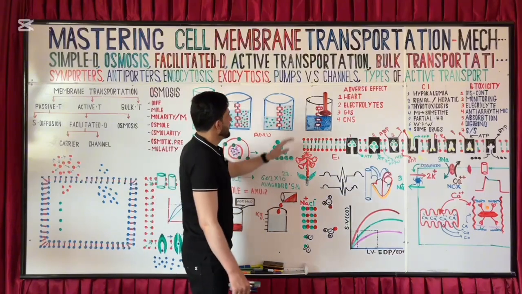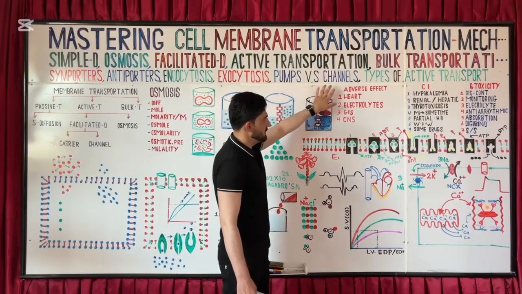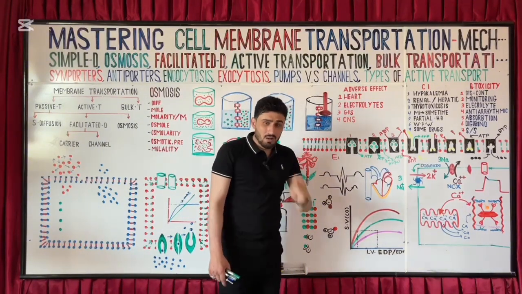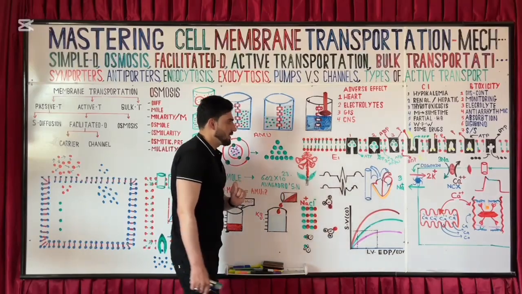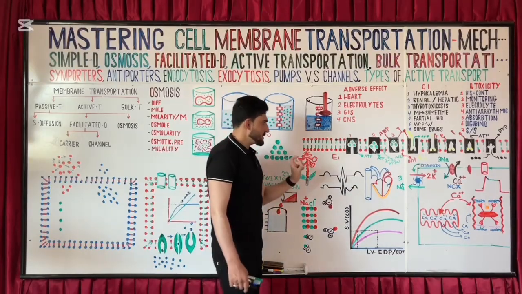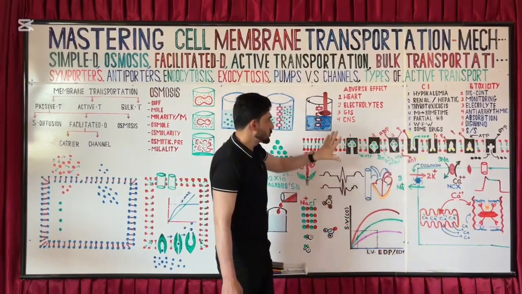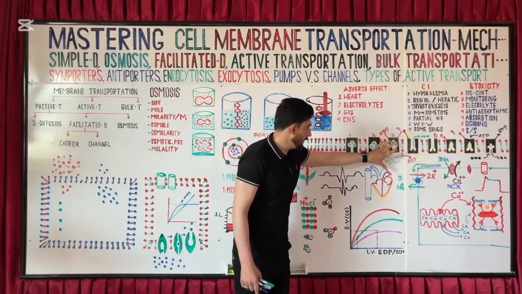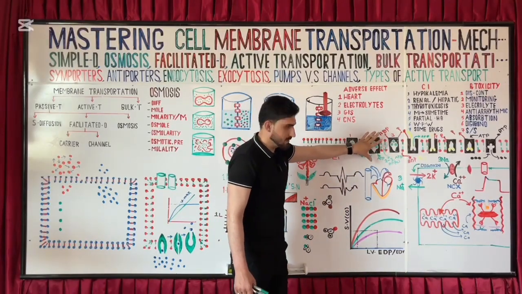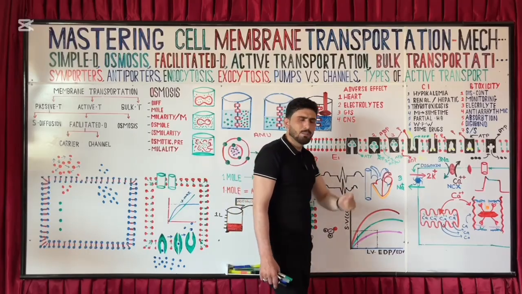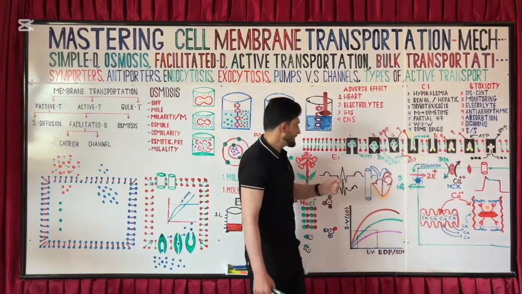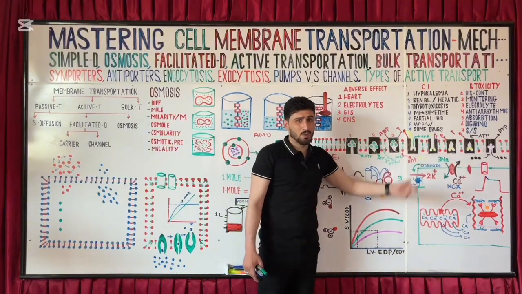And a little bit about the difference between pumps and channels. And also I'm going to talk about the structure and function of an important pump, which is called the sodium potassium pump, its function and its structure, and also an important drug group which affects the sodium potassium pump, called digitalis.